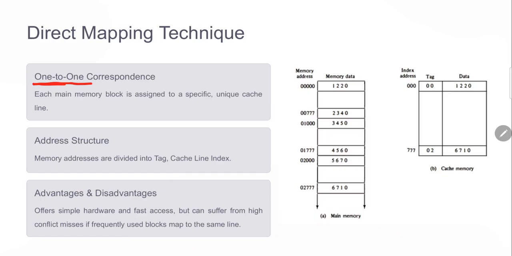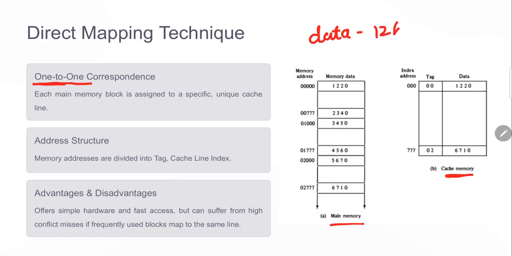So each main memory block is assigned to a specific cache line. This is the cache memory available over here, and this is your main memory. Now in main memory you have this data, which is in octal form.